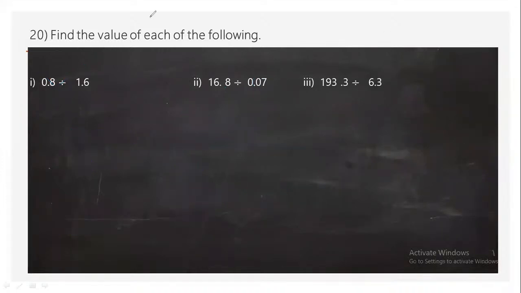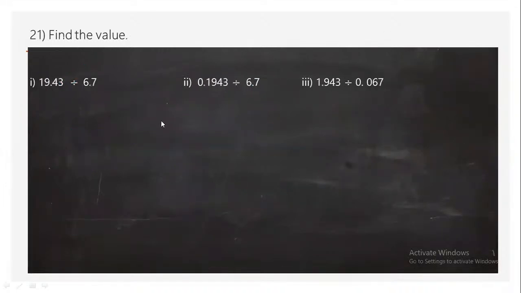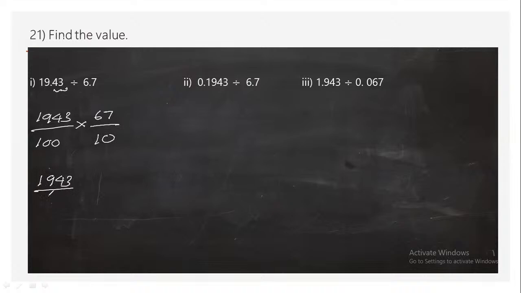Question 21. 19.43 divided by 6.7. Then 2 decimal places. So 1943 over the line, below the line 100; 6.7 is 67 over the line, below the line 10. Now, 1943 over 100, sorry, I made a mistake, here is the division sign. Then with the multiplication sign, 10 over 67.